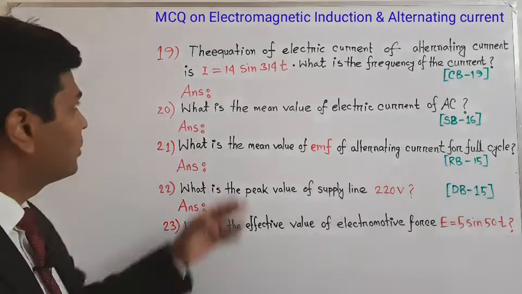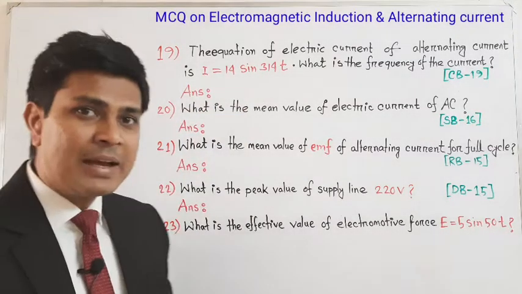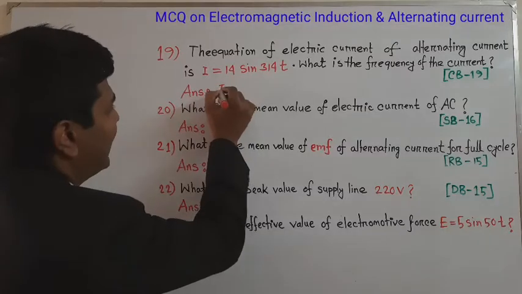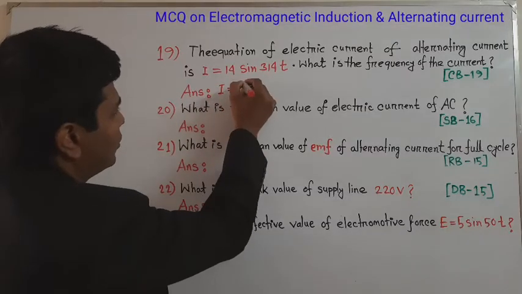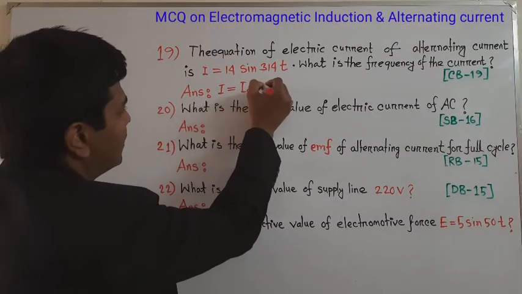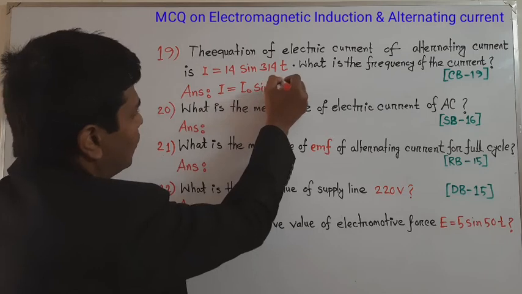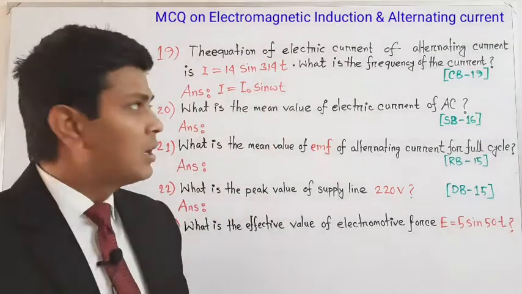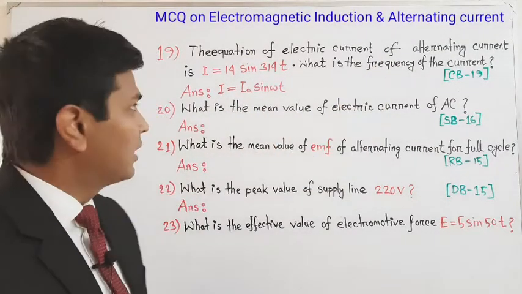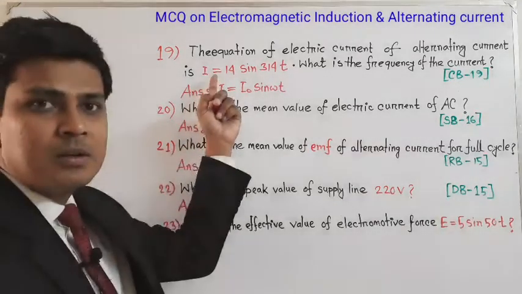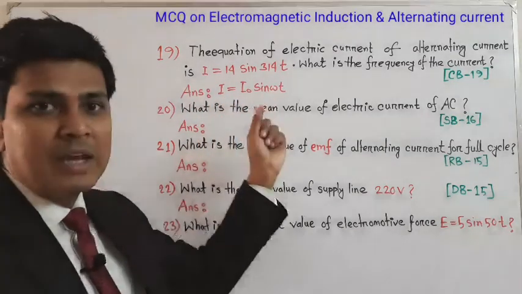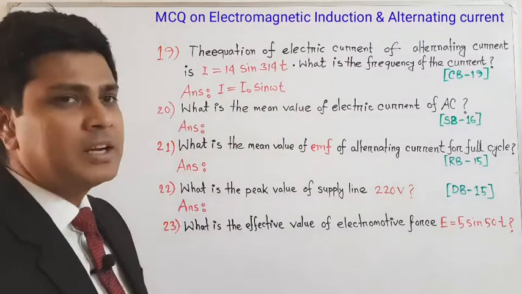Now if we compare this equation with the sine wave, that is the AC current, we can write I equals I naught sine omega t. If we compare this equation of AC with the given equation, then we can write omega, that is the angular velocity, equals 314.